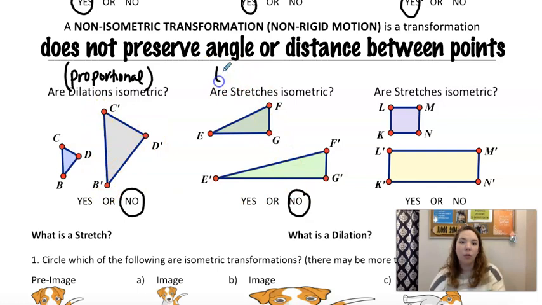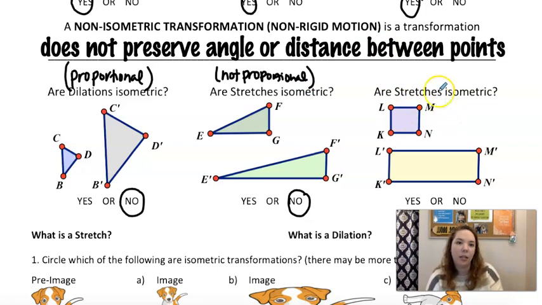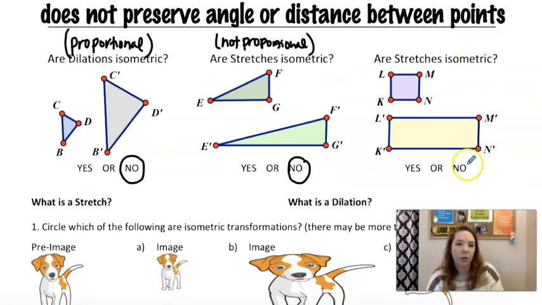A stretch is similar, but it's not proportional. This one looks like it's only been stretched left and right, but not also vertically. And then same here. It's also a stretch, and it looks like it's stretched just about in the same way. So same reason it is not, because even if L and K prime are the same, there's a big difference between LM and L prime M prime.